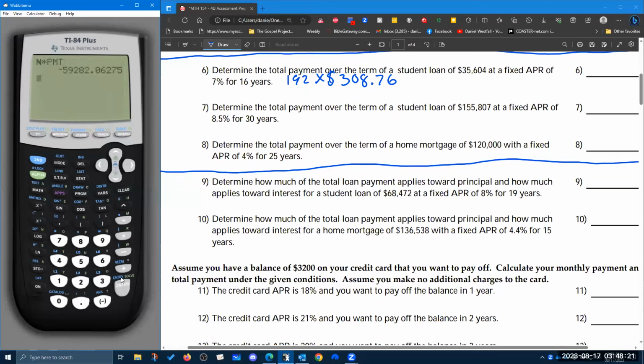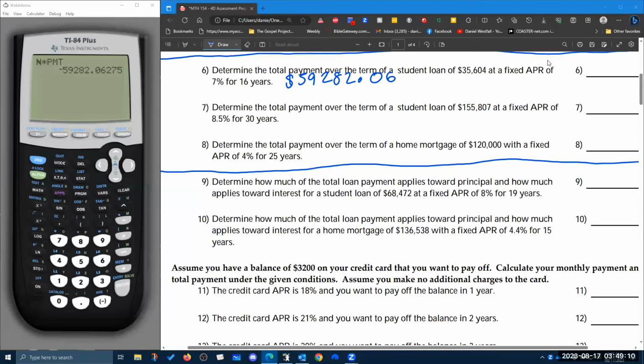I'm going to come up with the total amount that I pay back, and it is going to be 59,282.06. So that gives me the most exact answer here for my problem.